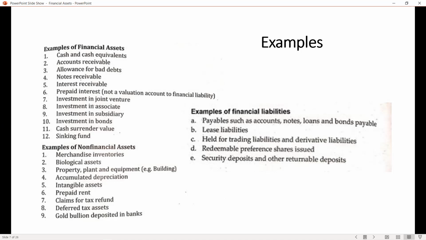Investment in joint venture and investment in associate have a separate accounting standard, which is Philippine Accounting Standard 28. It is stated in Philippine Accounting Standard 28 that under that standard, these two must be measured on the equity method.